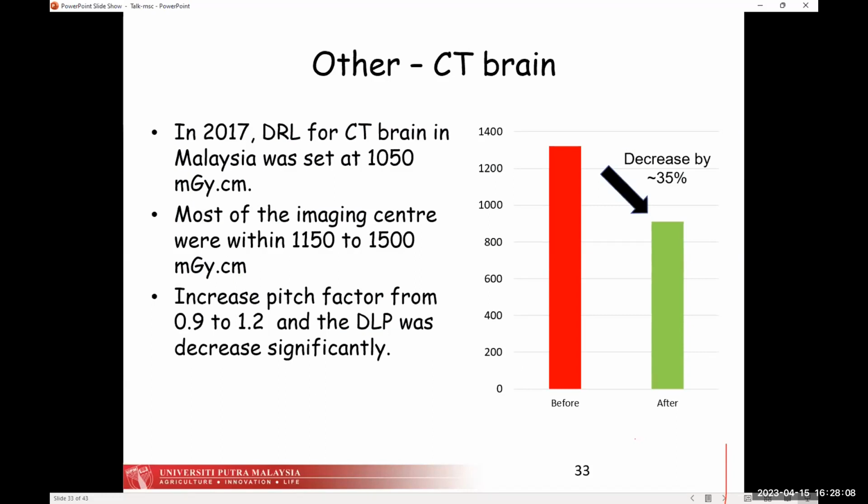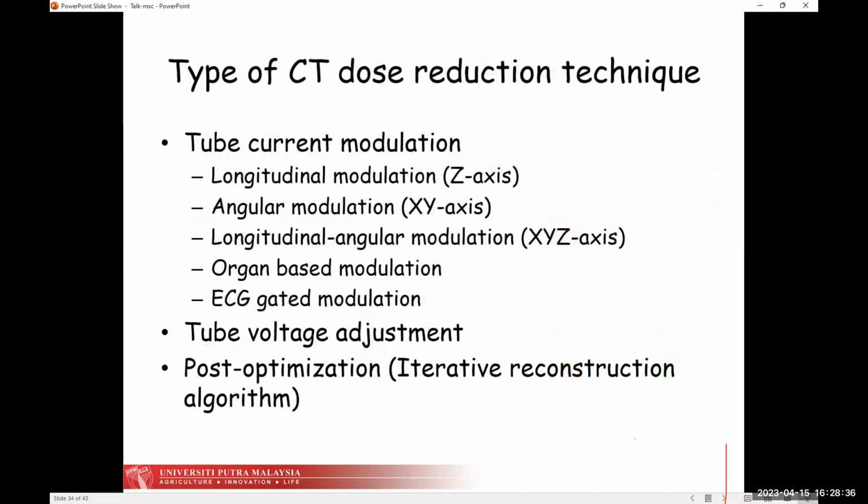During that time, most of the imaging centers were within 1150 to 1500 mGy.cm. So what we did was increase the pitch factor from 0.9 to 1.2, and the dose length product decreased significantly. After the change, we saw a decrease of up to 35% for this protocol.